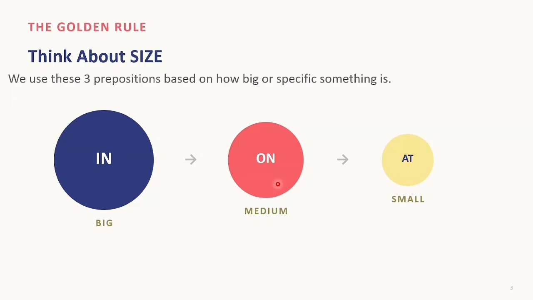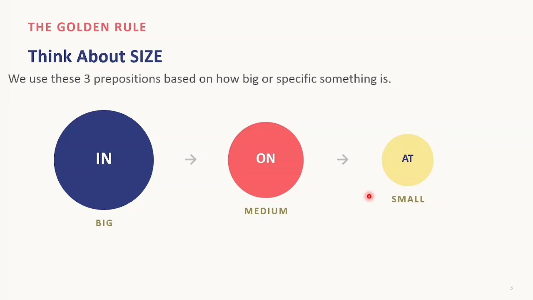And the last one is small. For small size we use at. Use at for small and specific points like a door, a bus stop, or an exact time.